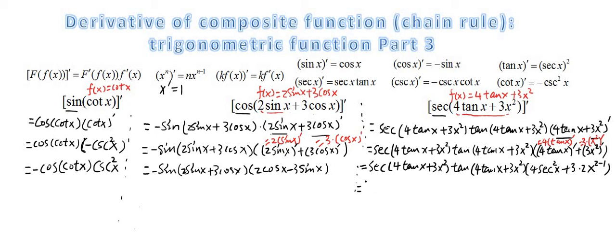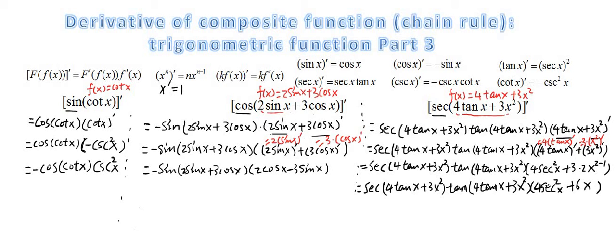Now we can simplify it, and we're going to get the final result: secant of 4 tangent x plus 3x squared, times tangent of 4 tangent x plus 3x squared, times the quantity 4 secant x squared plus 6x. That's it.